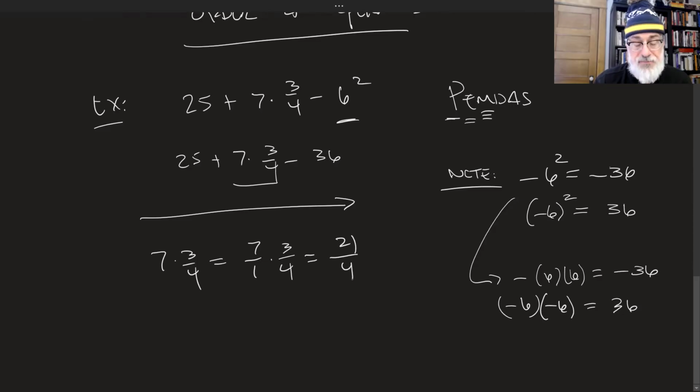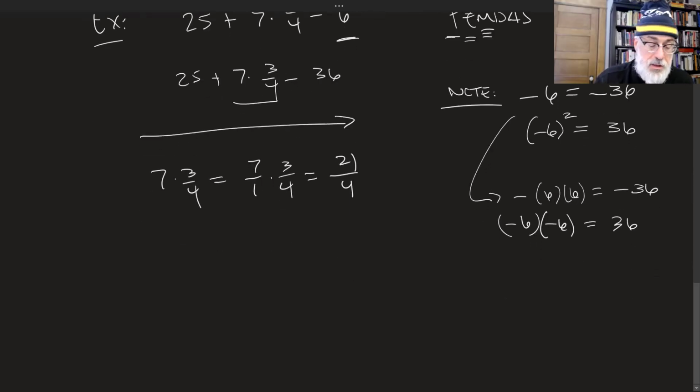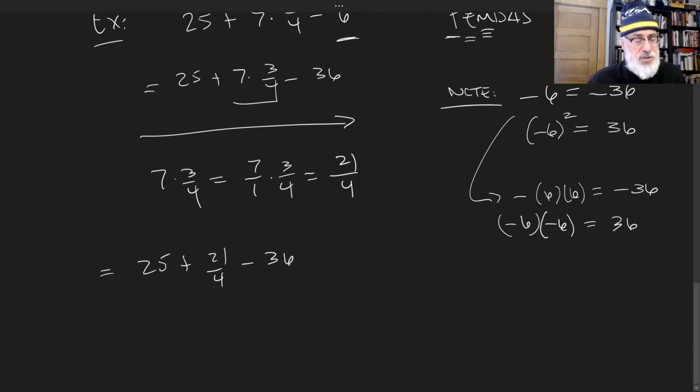So then we get 21/4. So let's put that in line here. I should write equal signs. So 25 plus 21/4 minus 36. Now we look for any more division or multiplication. We don't see any. So now we do addition and subtraction left to right.